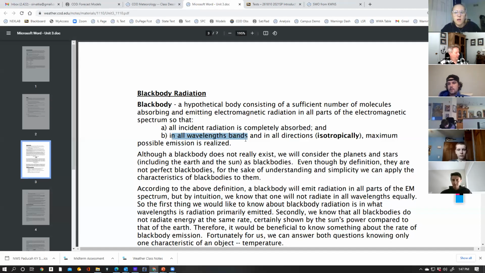Lena, you're shaking your head. What are you thinking? I was looking at the notes and the electromagnetic spectrum, but I might be wrong, because it says it's isotropically, which is equal in all directions. Well, it's giving it off equally in all directions, the way that it's being transmitted. But is it going to give off the same amount of all different types?